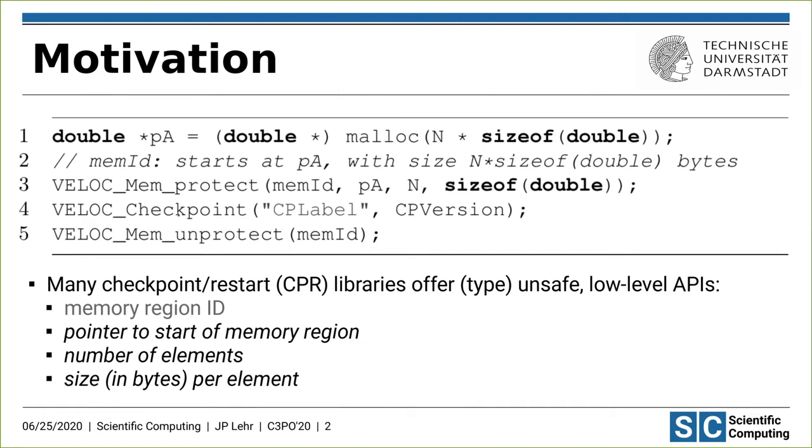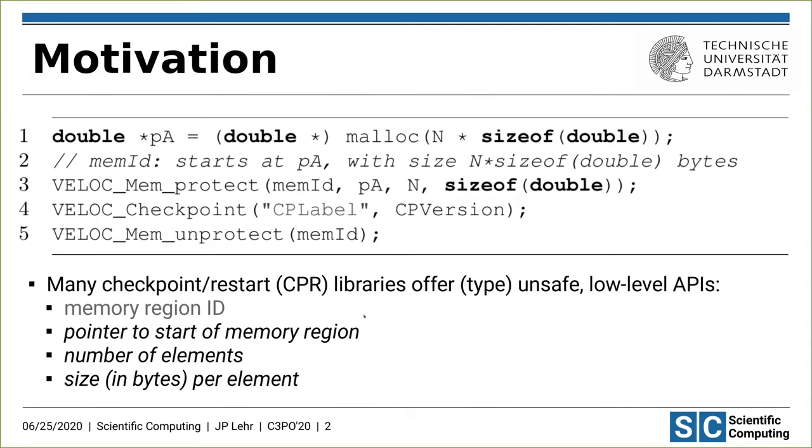And then whenever we call the function checkpoint, it will actually just memcopy all this number of bytes into the internal buffer or into the file that we use for checkpointing. And then eventually we can free or unregister the memory region again from the library.